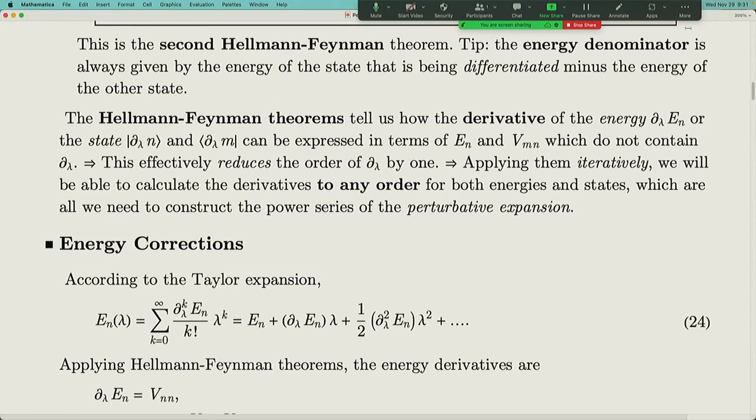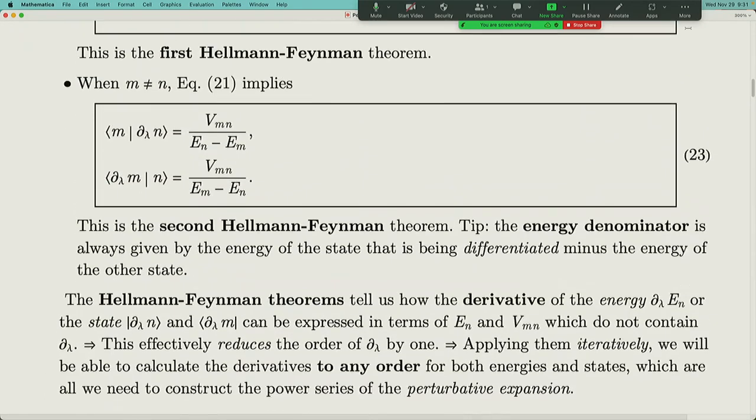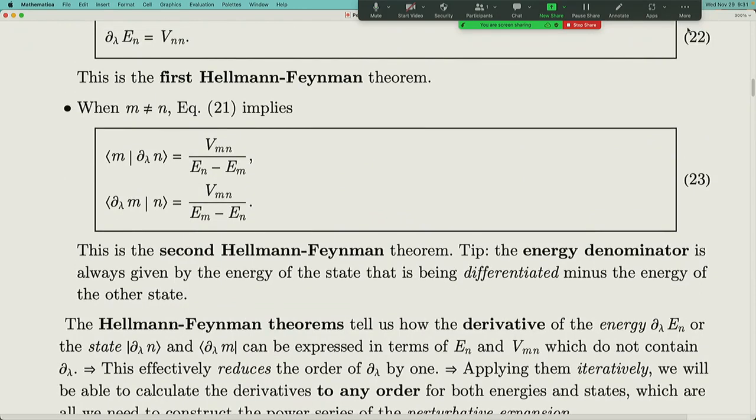But if we can effectively reduce everything to an expression that depends on lambda, that doesn't depend on derivative of lambda, if you look at these equations, both of them reduce the order of derivative of lambda by 1. On the left-hand side, we have the first order derivative of lambda. On the right-hand side, it's zeroth order derivative.